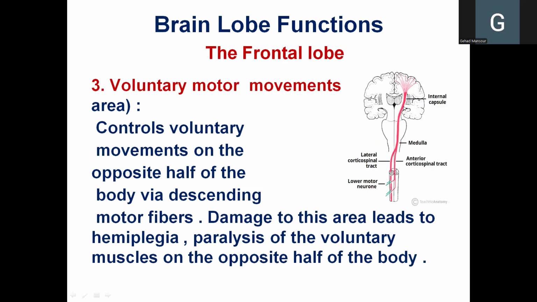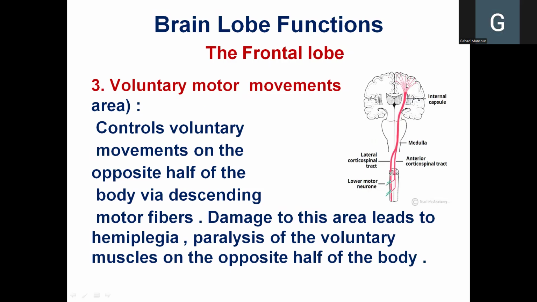These are corticospinal fibers. So you can call them upper motor neurons, in contrast to the lower motor neurons that arise in the spinal cord, as we have studied before. You can call them corticospinal fibers because they start in the cerebral cortex and end in the spinal cord.